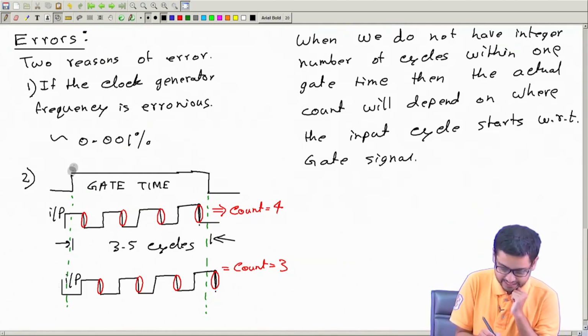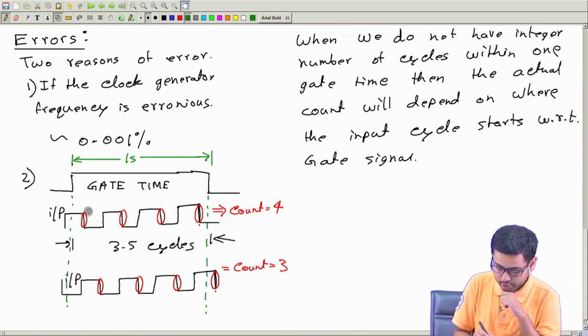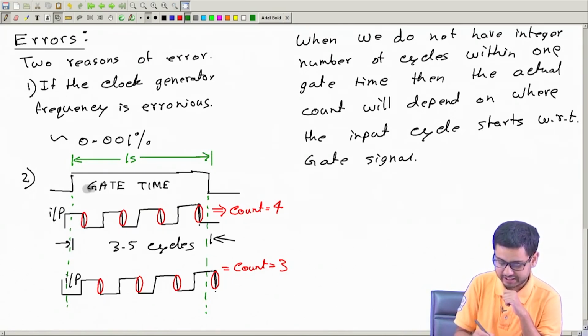Okay. Say this gate time is 1 second for simplicity. We actually have 3.5 cycles within this time.